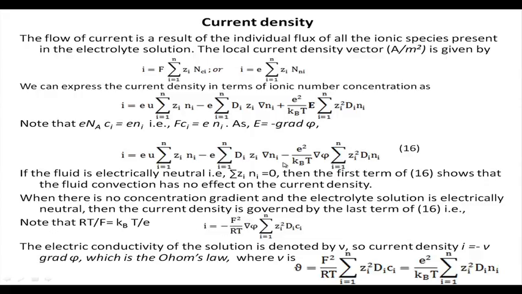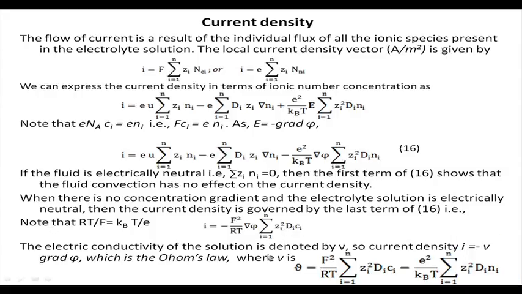In that case the current density can be written as F squared over R T. N_i will now be E N_A F C_i, so this F C_i will come out. E by k_B T is F by R T. So this becomes F squared by R T grad phi, Z_i D_i C_i, Z_i squared of course.